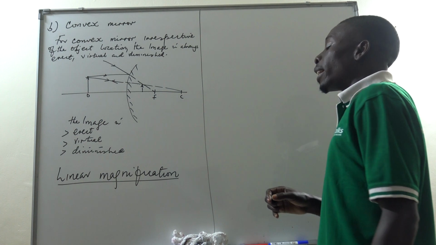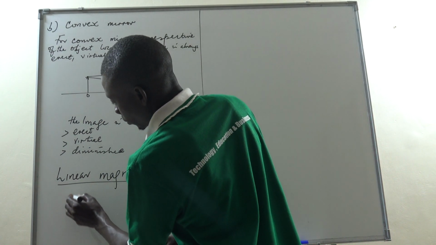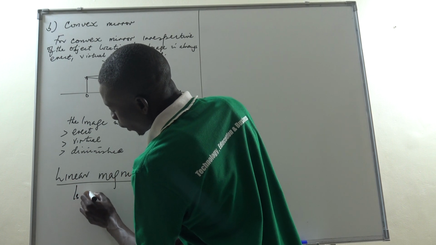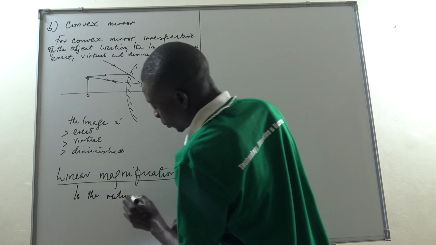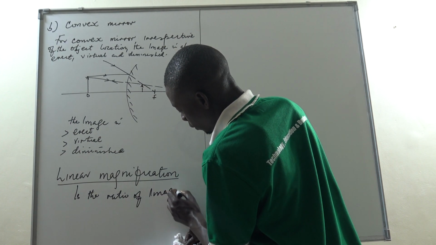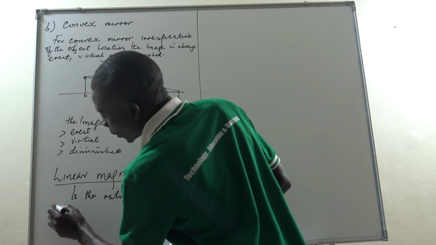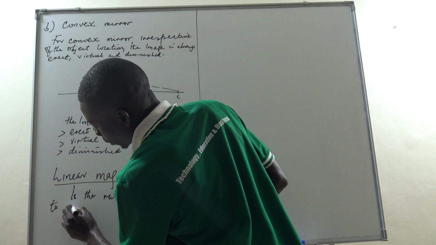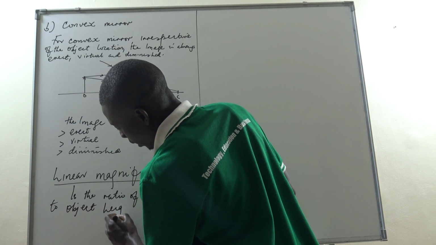What is linear magnification? We can say linear magnification is the ratio of image height to object height.